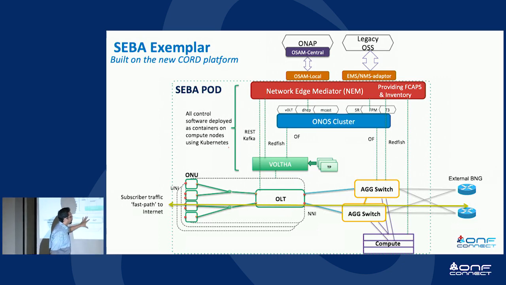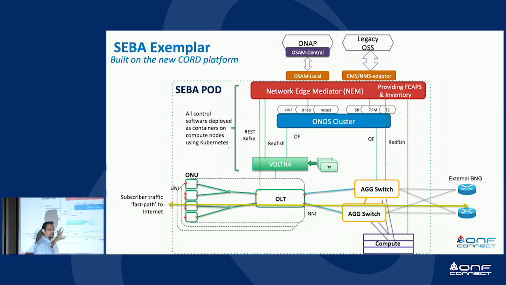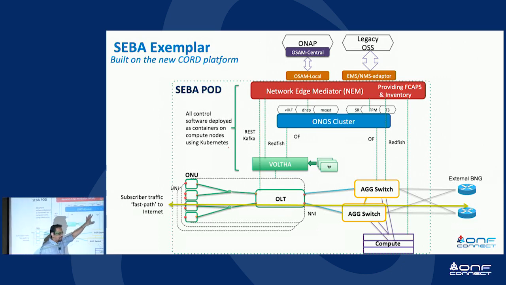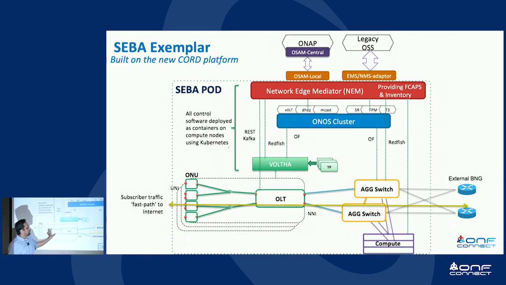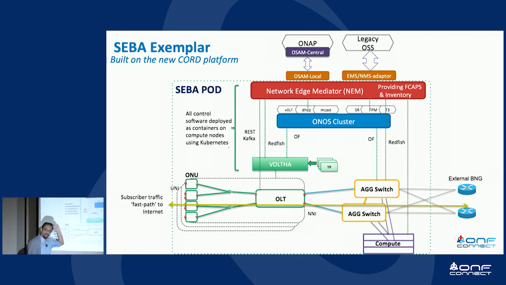Okay, so putting it all together, these are the things that I've been telling you about. I've been telling you about VOLTHA and how we use an SDN controller for services to manage the PON, how we use an SDN controller to manage the aggregation switches, which is the smallest instantiation of Trellis, how the data plane traffic stays in hardware and only if necessary comes out, and all this control plane software is managed as containers that are running on these compute nodes and managed using Kubernetes.